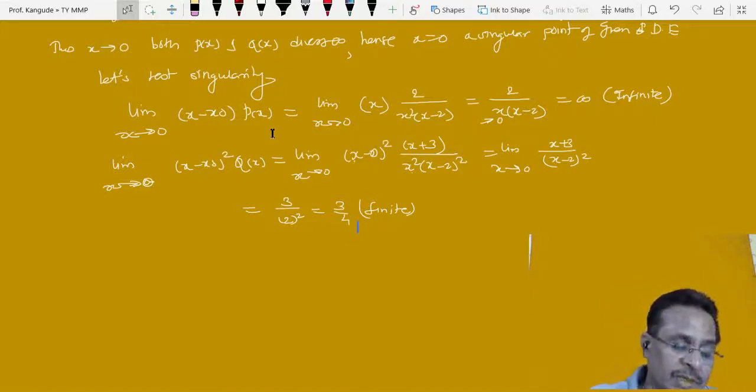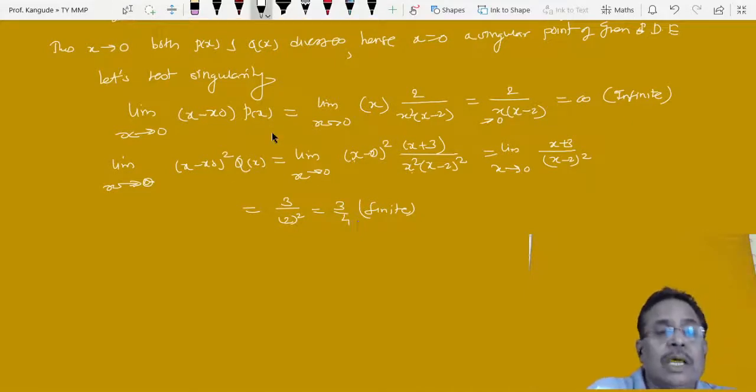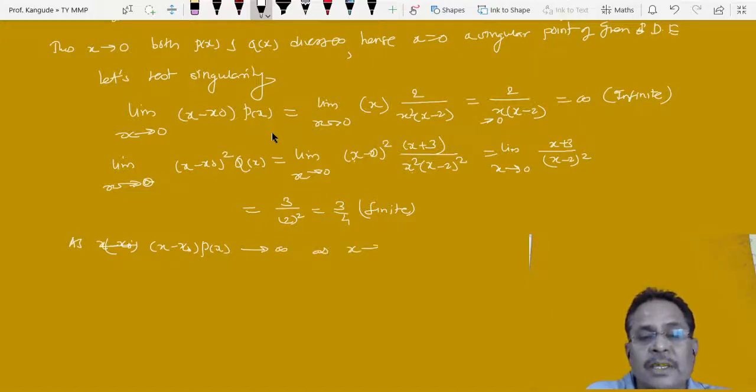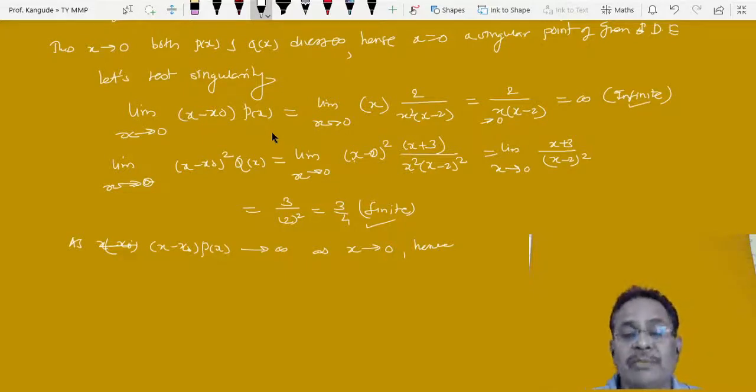Right here, x minus x0 into p of x tends to infinity as x tends to 0. Even though this becomes finite, this becomes infinite. Both of these are supposed to remain finite; then and only then it is called a regular singular point.